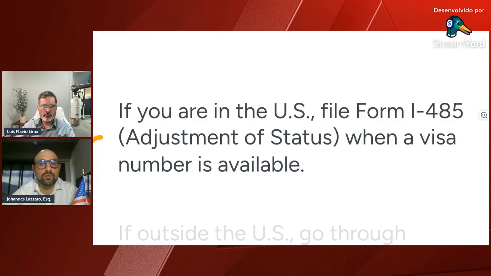However, if you are from a number of countries that have a higher rate of immigrants to the US, you would have to wait longer. In the case of Indian nationals, unfortunately, the backlog is currently very long. We're talking about 12 years, right? So you would have to wait until your priority date becomes current.